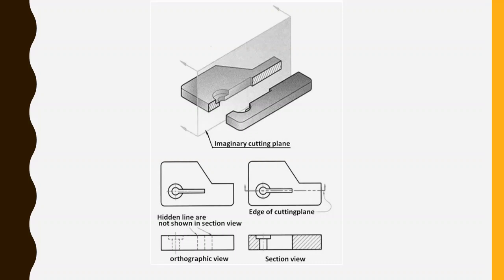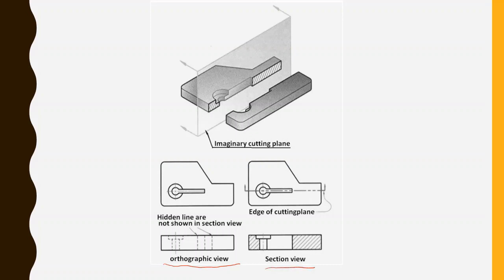In the actual case, in the orthographic view, you are drawing this diagram only through hidden lines, so the internal parts are not viewed. But in the section view we are able to view the section.